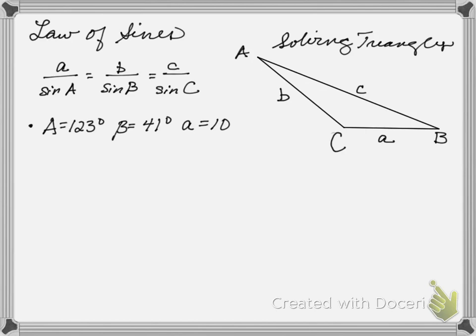The only case where we would not be able to solve the triangle from the 3 pieces of information would be if we have 3 angles given, because in that case we don't have a unique triangle. So here's a case where I have angle A, angle B, and side A.